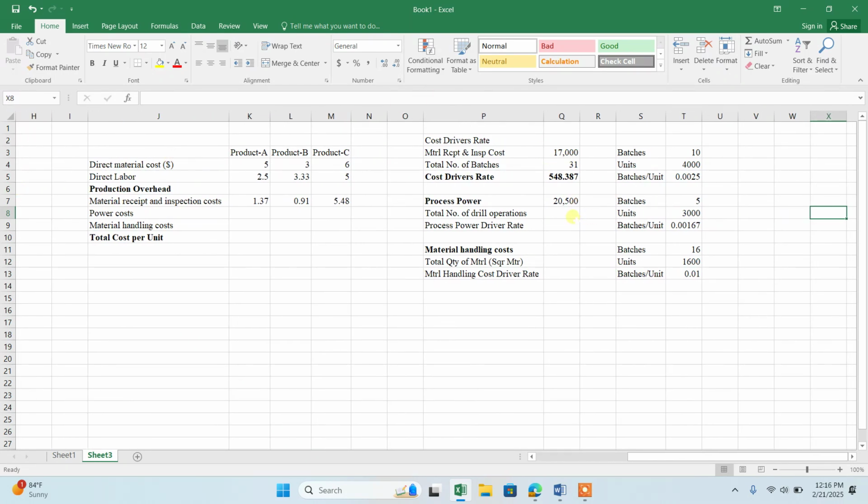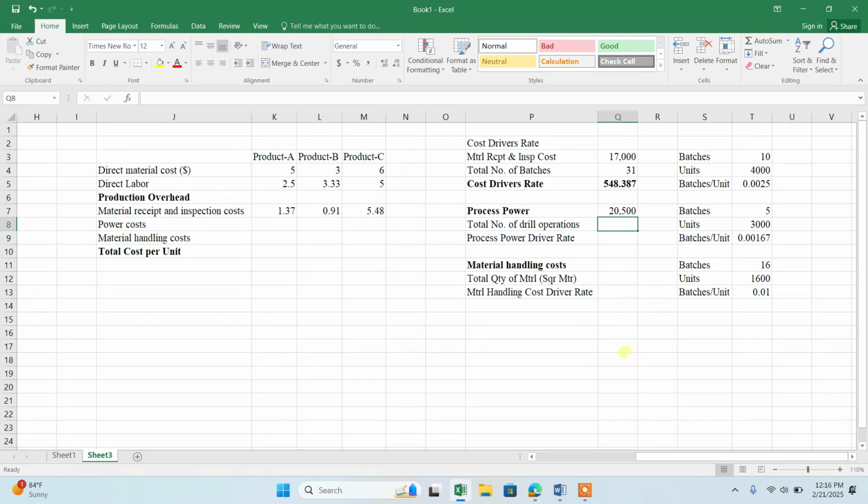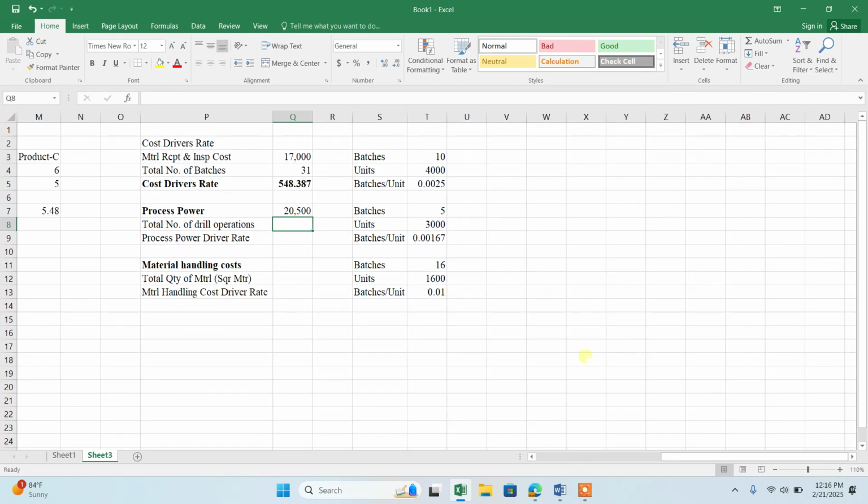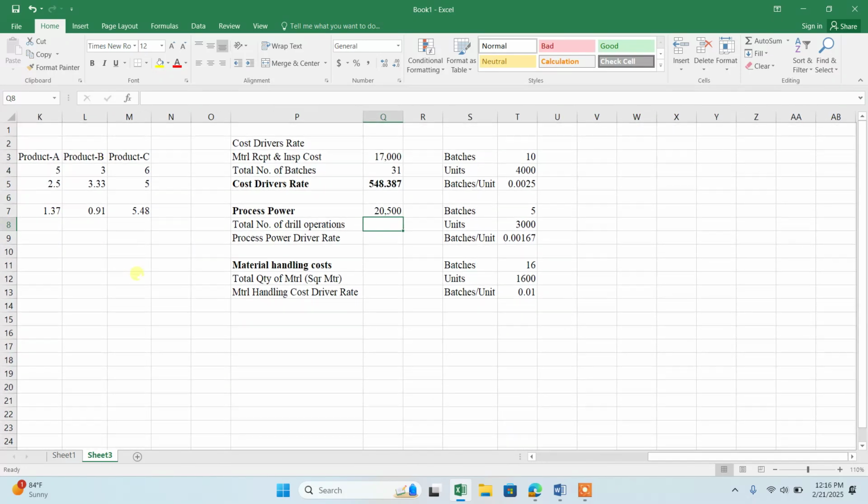To find the cost driver of the power process, I require the total number of drill operations, because this is not the cost of one unit. It is the cost of all units. So how many drill operations were required to produce this many units?